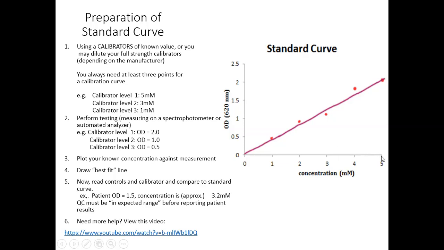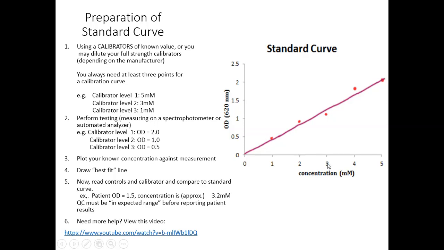So if I start out at 5 millimoles and I have an optical density of 2.0, I draw up from 5, and I match it over from 2.0, and where those 2 lines intersect, I put a dot. I'm going to do the same thing for the 3 millimole level 2 calibrator. What did I get for a reading? 1.0.